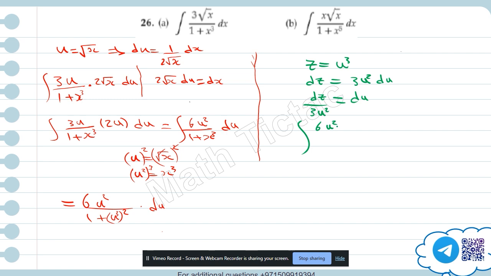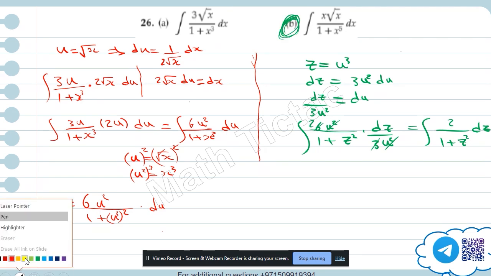So this is 6u squared divided by 1 plus z squared, then I have dz divided by 3u squared. Then u squared with this u squared is eliminated. I have a 3 with 6, I have 2. So I have the integration of 2 over 1 plus z squared dz.